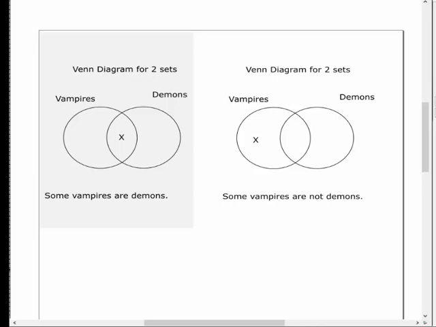Granted, you might expect me to provide more information. If I know that they're all demons, I should say so. And if I'm not sure, maybe I should tell you that. But that doesn't make my statement false. We're interested in what would make the statement true or false right now, not whether it's the right thing to say. So when we deal with some vampires are demons, it doesn't mean that some are and some aren't. It just means that at least one is. It leaves open the possibility maybe they all are.